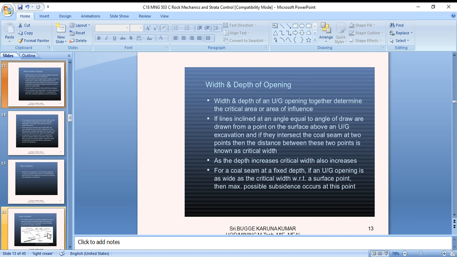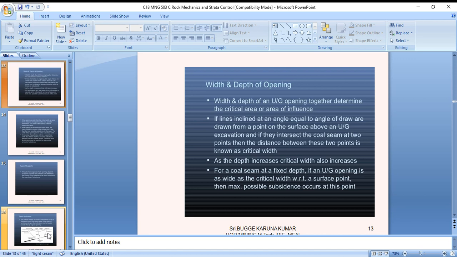Coming to the width and depth of the opening. Width and depth of an underground opening together determine a critical area, or area of influence. If a line is inclined at an angle equal to the angle of draw from a point on the surface above an underground excavation, and it intersects the coal seam at two points, then the distance between these two points is known as the critical width.